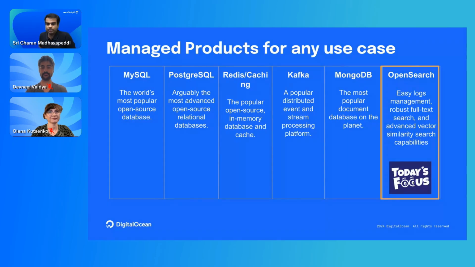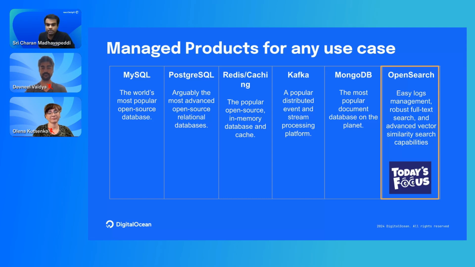There you go. Just a brief about what managed products DigitalOcean offers as part of managed databases, which falls under Devnil's vertical. We have managed MySQL, Postgres, Redis, which is also called caching, and we have managed Kafka, managed MongoDB, and managed OpenSearch.